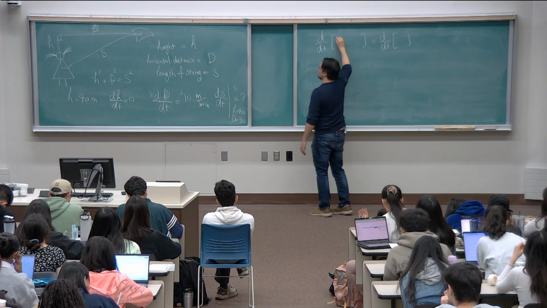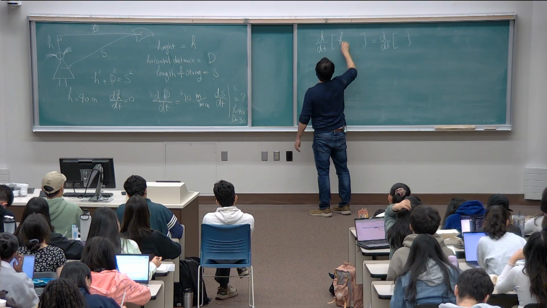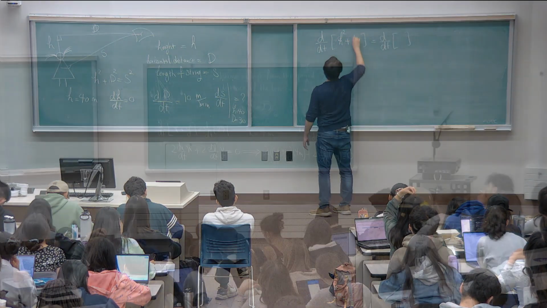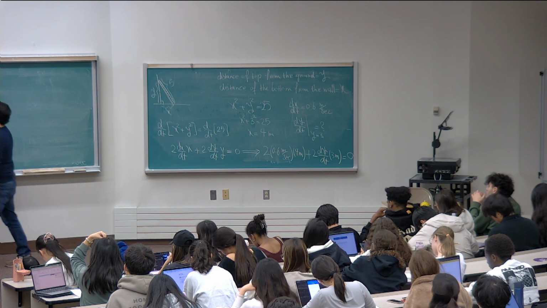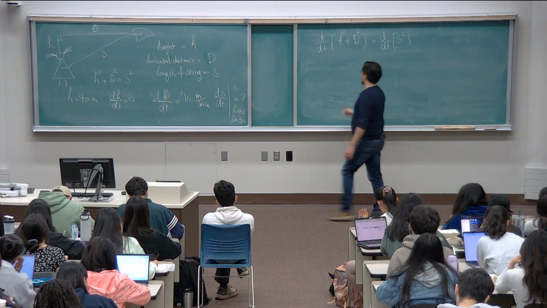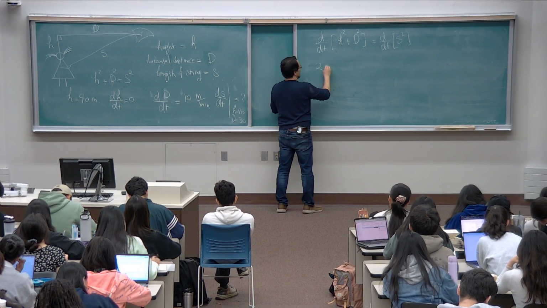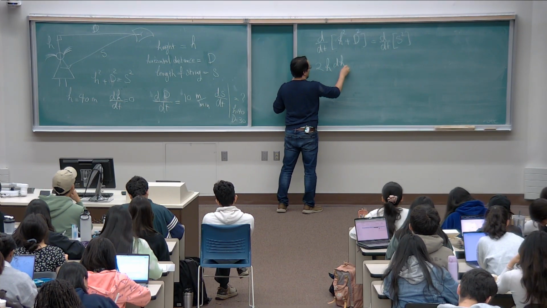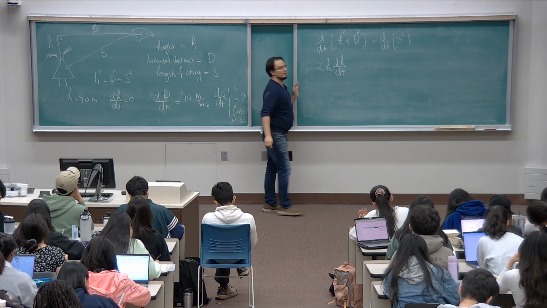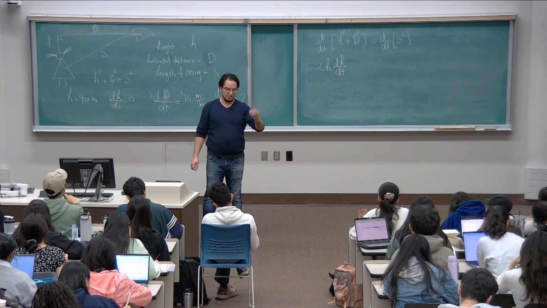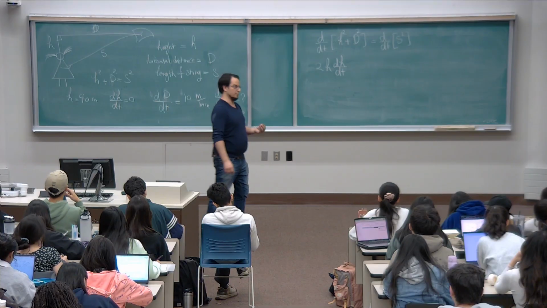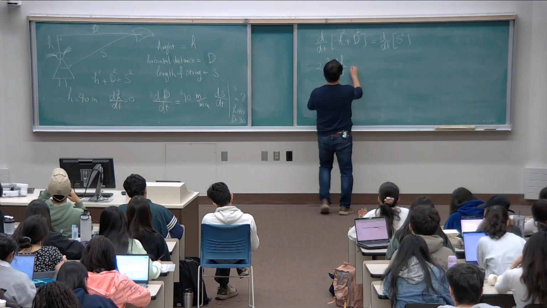So I take the derivative of the left-hand side, it should be equal to the derivative of the right-hand side. And while I'm deriving it, I have to make sure that I am taking care of the fact that h, d, s are all variables of t, so I'm applying the chain rule there.